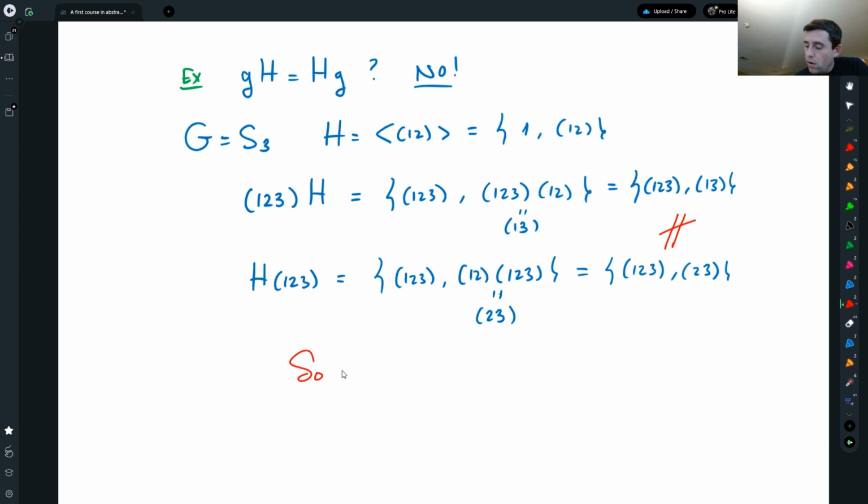So we get that (1 2 3)H is not H times (1 2 3). So using this G for S3, trying to do the quotient by this subgroup H would not work. And I would not have a well-defined multiplication of cosets of H.